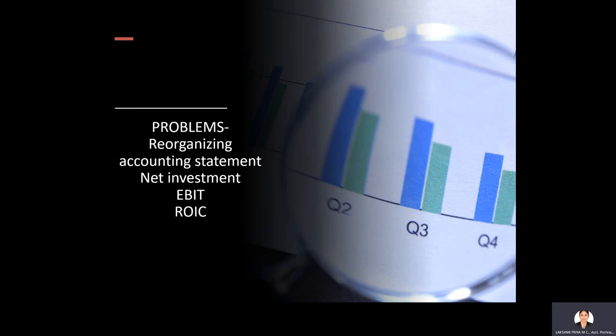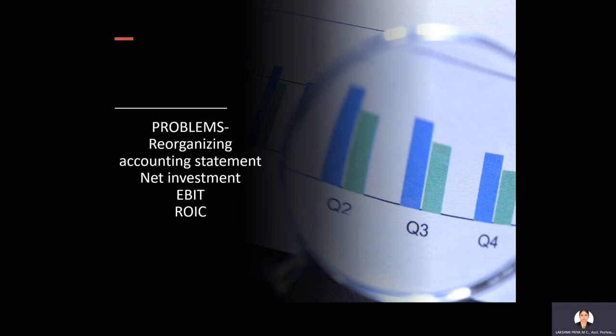While calculating ROIC, we have to define the numerator and denominator consistently. That is, if an asset is included in invested capital, income related to it should be included in NOPLAT for achieving consistency. ROIC focuses on the true operating performance of the firm, and it is a better measure compared to return on equity and return on assets.